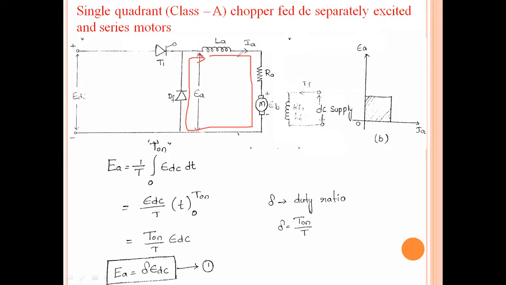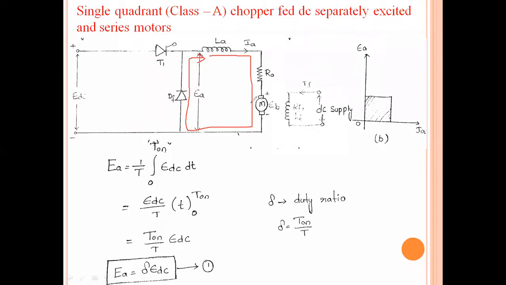So the inductance delivers its energy through the motor terminals via the freewheeling diode. So the current direction will be LA to RA, RA to EB, EB to freewheeling diode, and it comes back. So we are considering a continuous current operation.